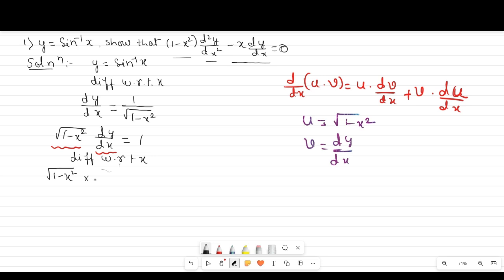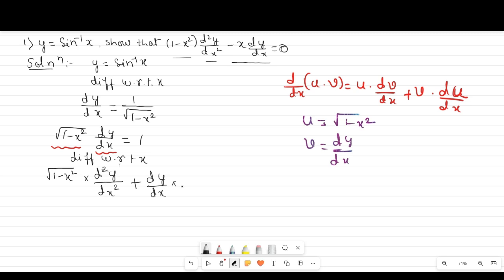The second function is dy by dx. If you differentiate that again, you will get the second order derivative, that is d square y by dx square, plus the second function dy by dx. I am keeping that as it is, dy by dx into derivative of the first function.